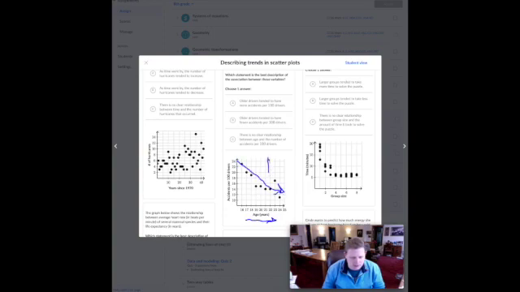As the age is increasing, the accidents are decreasing. So older drivers tend to have fewer accidents. And that would be that one. You can read the other ones. This one probably has no correlation. It just looks like a blob.